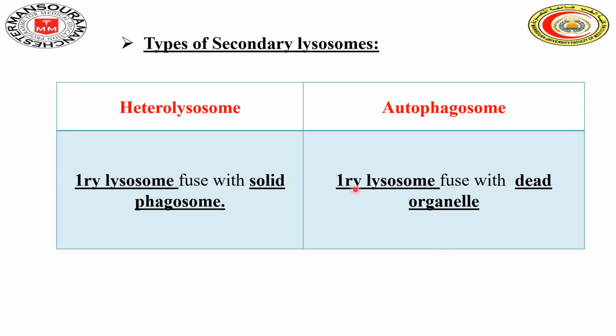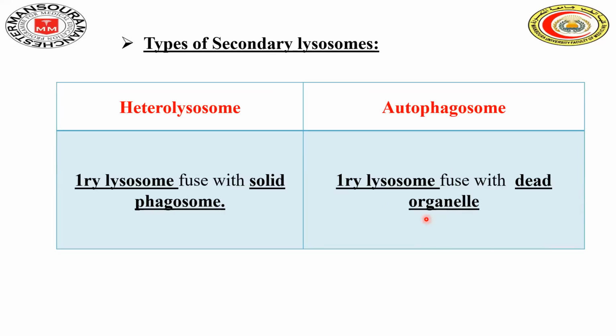So here, both originating from primary lysosome, fused with foreign body, with phagosome, it is heterolysosome. Fused with part of the cell, and this is the cause of calling it auto. Auto means self. So it ingests part of the cell itself. It ingests part of the cytoplasm, represented by dead organelle.